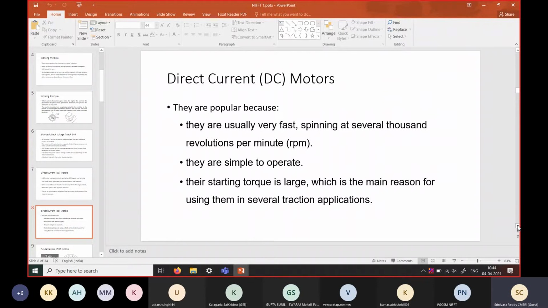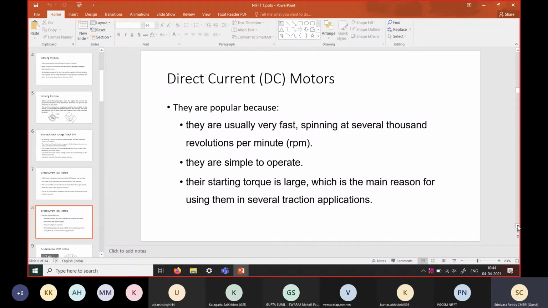In a motor, we can say that voltage is proportional to the speed, and the current is proportional to the torque of the motor. So if you want to change the speed of a DC motor, we just need to increase or decrease the voltage.